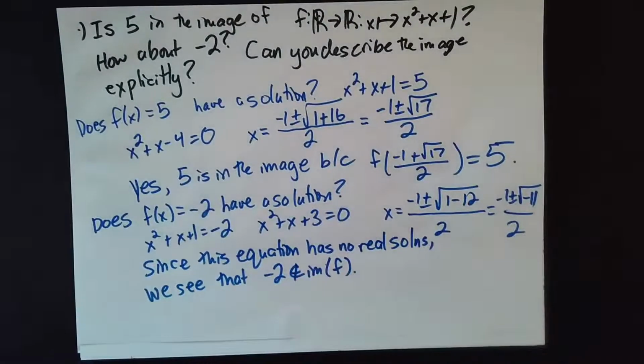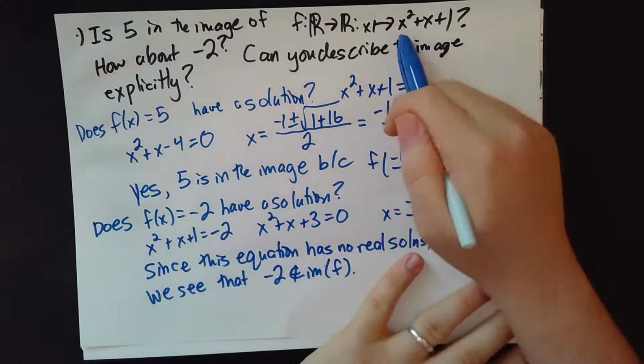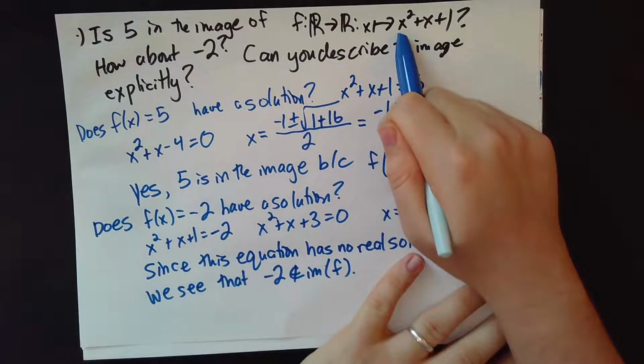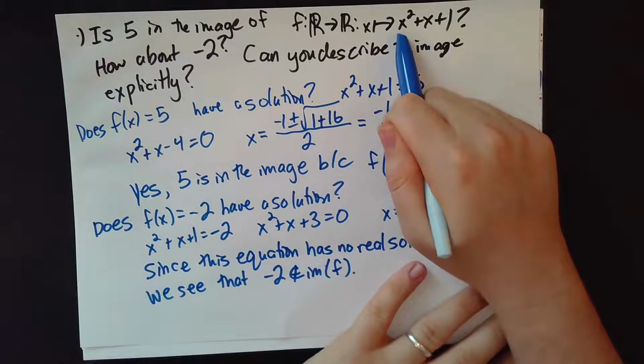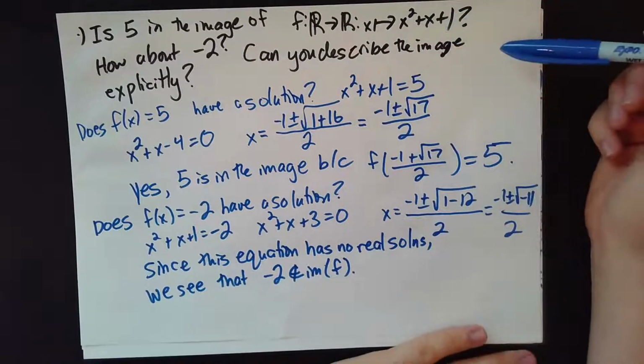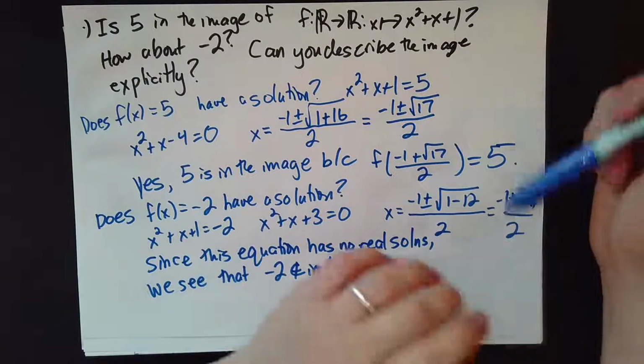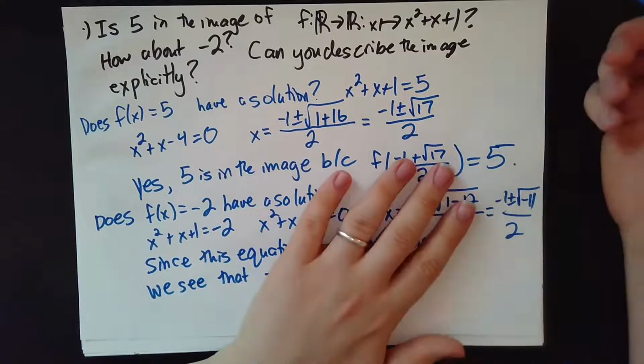Okay, so for this function specifically, we're going to be able to write down its actual image because we know what the graph of this thing looks like, right? Namely, the graph of this function is a parabola. And really, there's only so many things to know about the graph of a parabola, namely the vertex and whether it points up or down.